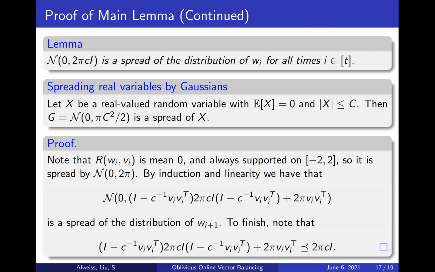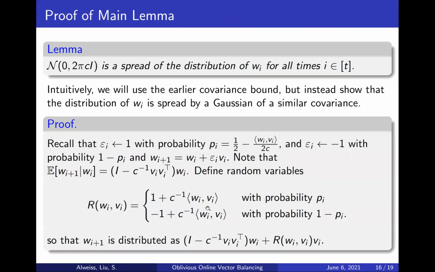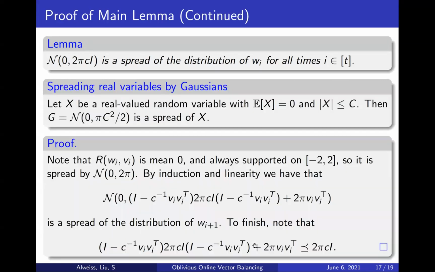Now you use linearity. So we wanted to look at this fixed matrix (I minus c inverse v_i v_i transpose) times w_i. So that random variable is spread by (I minus c inverse v_i v_i transpose) times the normal N(0, 2πC_i) times (I minus c inverse v_i v_i transpose).